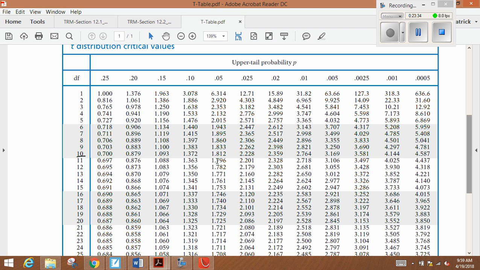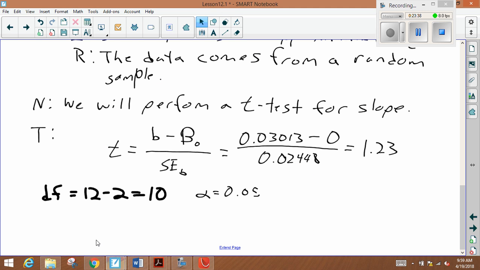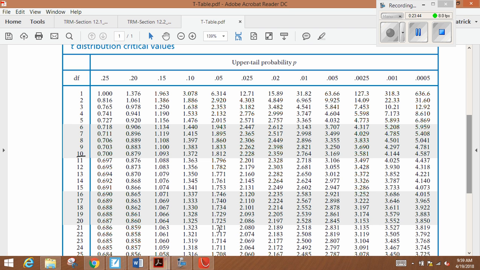Let's find our test statistic value in here. 1.23. All right. So at 10 degrees of freedom, 1.23 is in between here. So our probability is between 0.15 and 0.10.